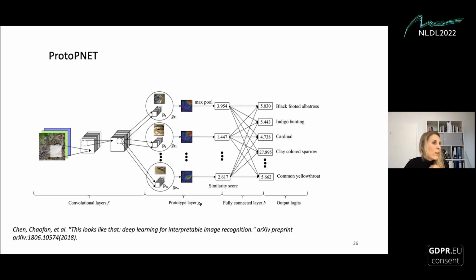For instance, you have these different classes of birds here, and then you learn in the first step for each bird class relevant patches of the training data, such that later on the classification is just based on how well patches of your new test image match the learned prototypes of the different classes. This is why it is also called 'this looks like that'. In a new image, you just check which small patches look similar to which patches you learned as prototypes from the different classes, such that your decision is just based on this comparison between prototypes.